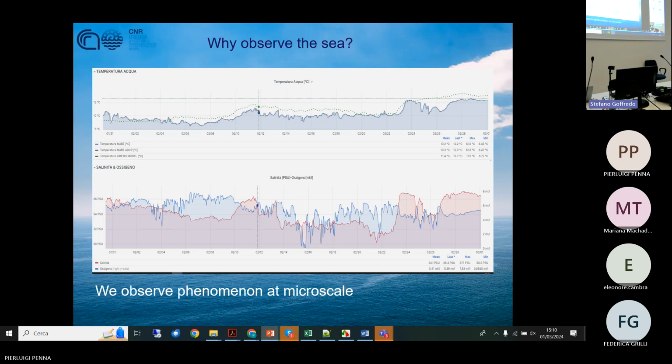But you take the sensor that you are sure gives the best accuracy that you can reach for the measure.